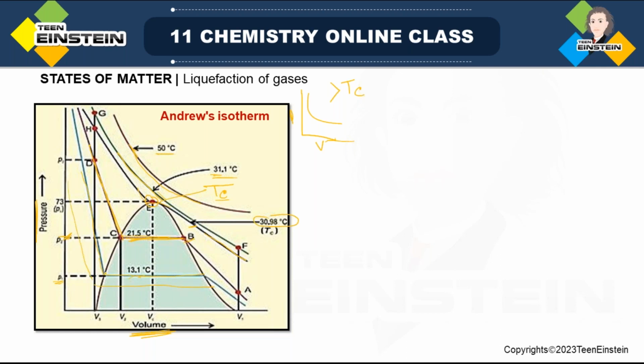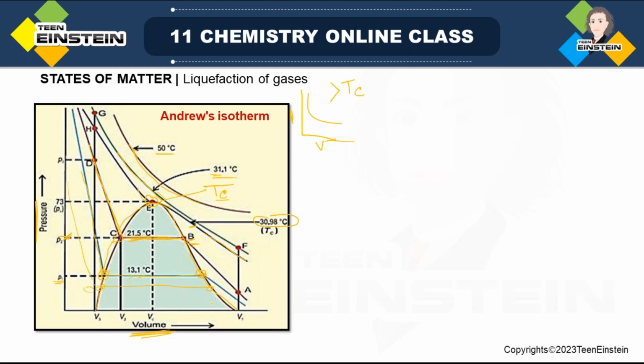But these 2 points for each isotherm, if you join, which 2 points? Those 2 points in between which pressure is fixed. So just if you choose those points, so here it is C and B, then if you join all these points, you will get this type of dome shape. So this is the shape.